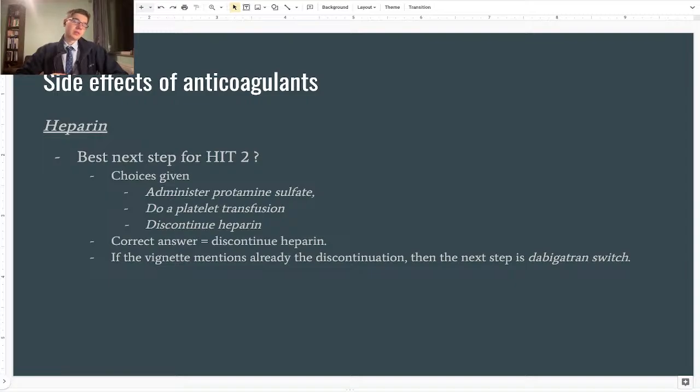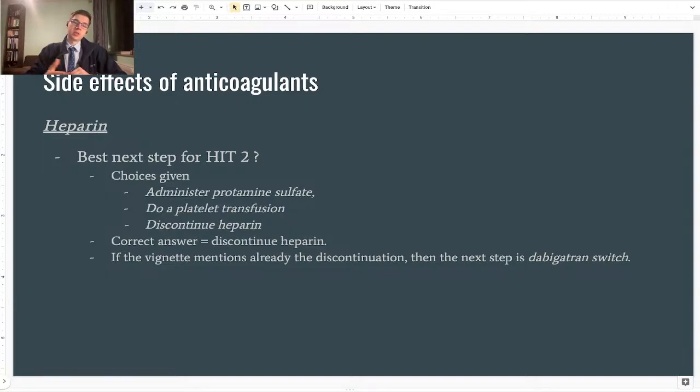You will be given the choice of administering protamine sulfate, which actually is the antidote for heparin. You will be given the choice to do a platelet transfusion, and you will be given the choice to discontinue the heparin. The correct answer is to discontinue the heparin, as the other ones are in severe cases after the patient was discontinued from heparin.